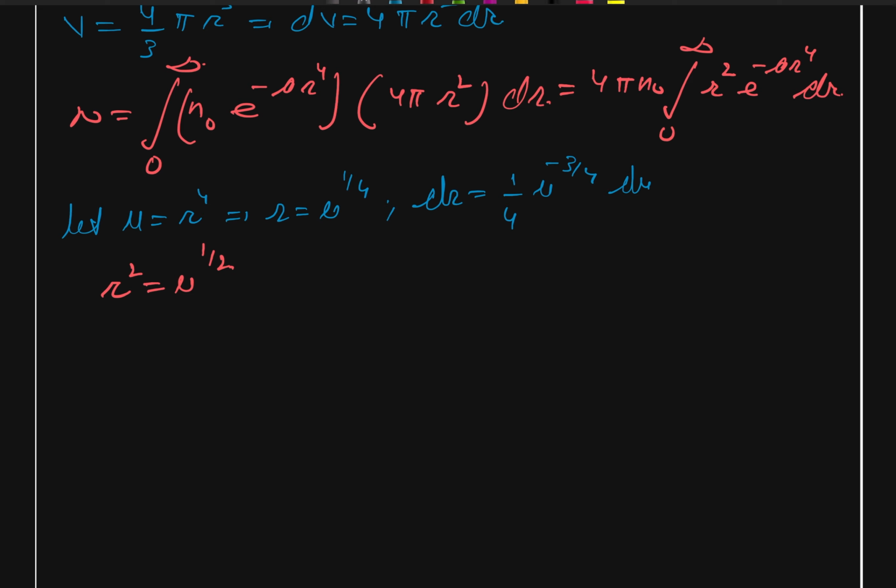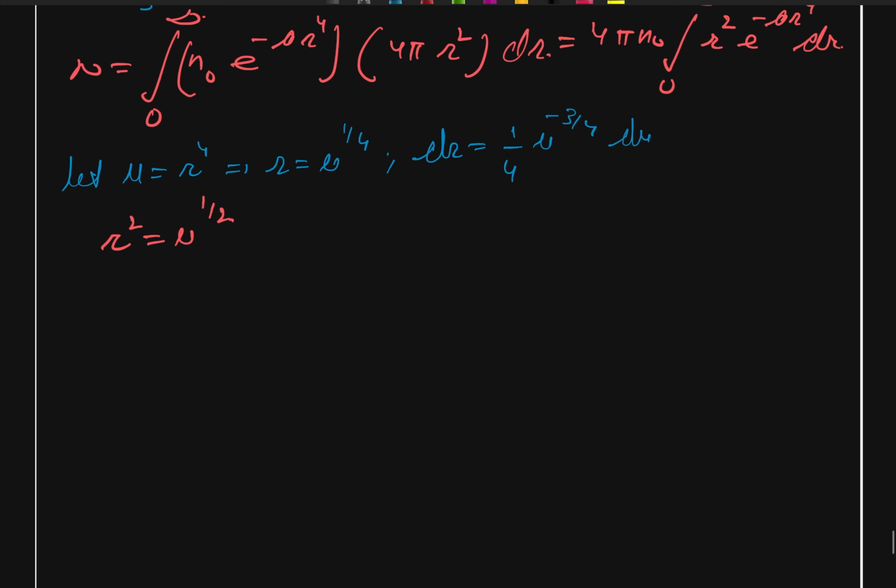Therefore we can write that our N is equal to 4 pi n naught, and this is 0 to infinity. Limits are not going to change, because when r is 0, u is 0, and when r is infinity, u is also infinity.